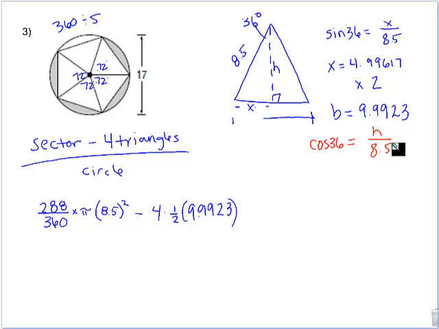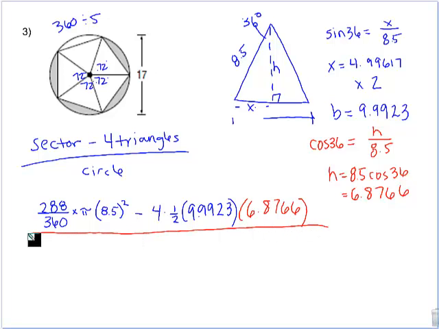So how are we going to solve that for height? Yep, times it by 8.5. And what do we get for the height then? 6.8766. Yep, so we will fill that in for our height.